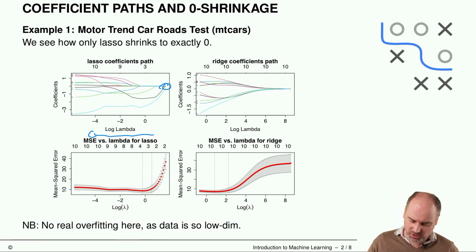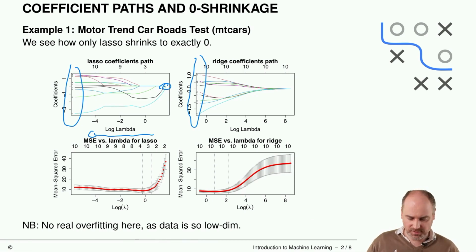Or maybe it's a little bit better to read this from the other side. Here, lambda is 0, and we start with the unregularized model. Both of these starting points should basically be the same for the L1 and for the L2 penalty, because the penalties are off at that point.